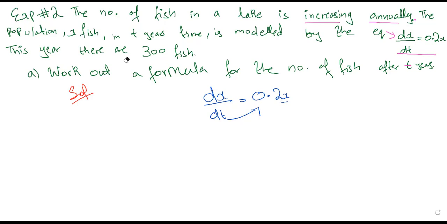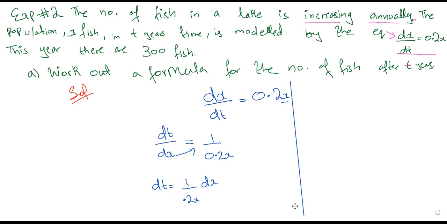So step one is to take the reciprocal. So dt by dx is 1 by 0.2x, right? This is what the reciprocal is. And now I can take x to that side. So I will have dt equals 1 by 0.2x dx. Okay. Now, what is the next step, Ranjani? How do I solve a differential equation? What do I do now?